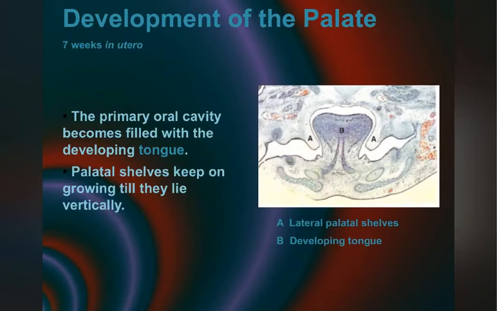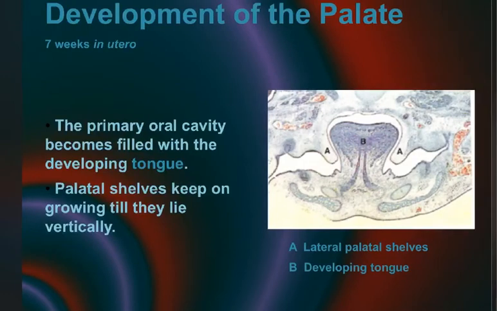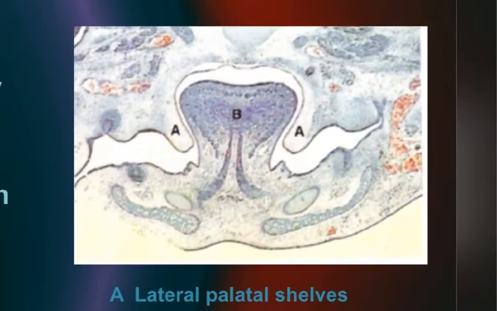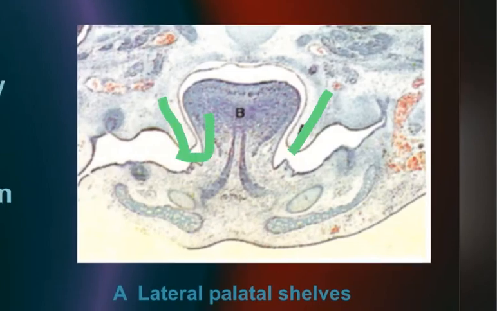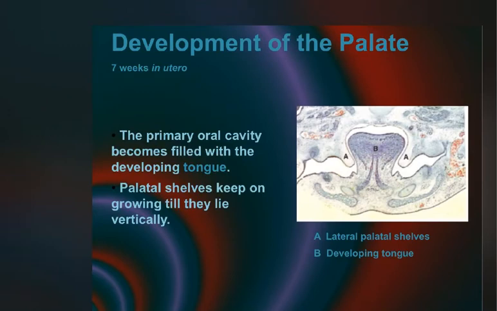Go to the next slide. Week 7, characteristics of week 7, as you see here: vertical growth of lateral palatal shelves. The primary oral cavity becomes filled with the developing tongue.